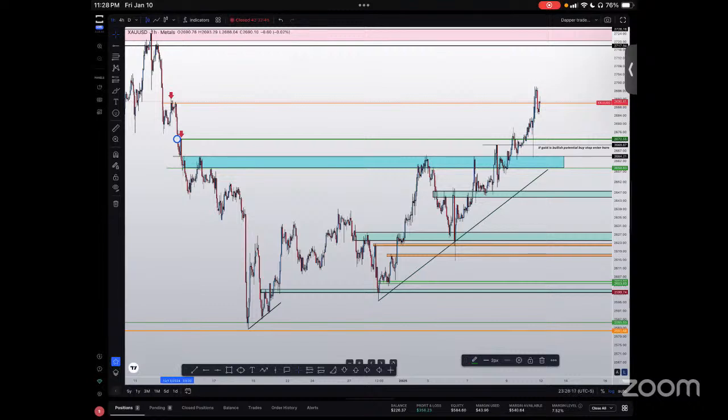But you see how clean it looks and there's not a lot of noise? This is how I like it, because I could tell we went from a bearish trend to a bullish trend. We just have to wait for some zones to play out. That's all.